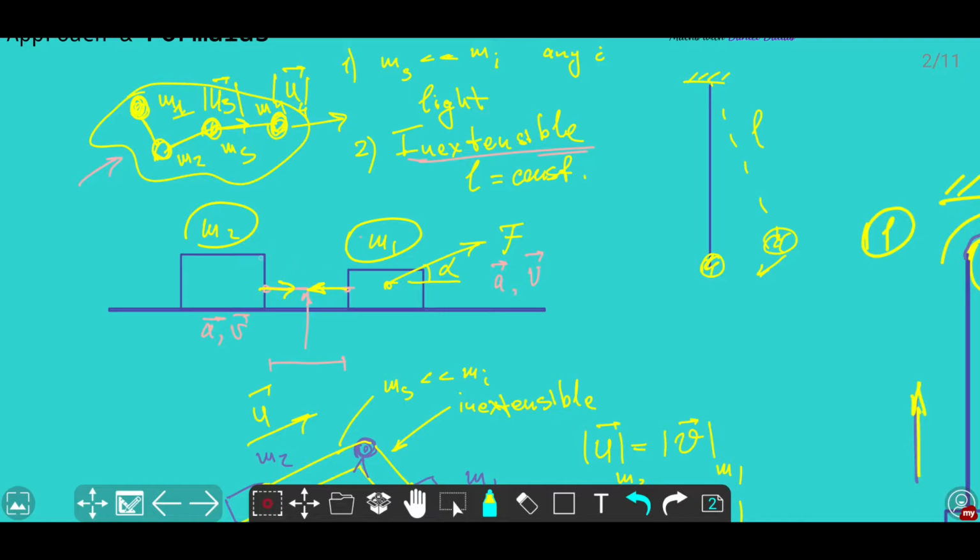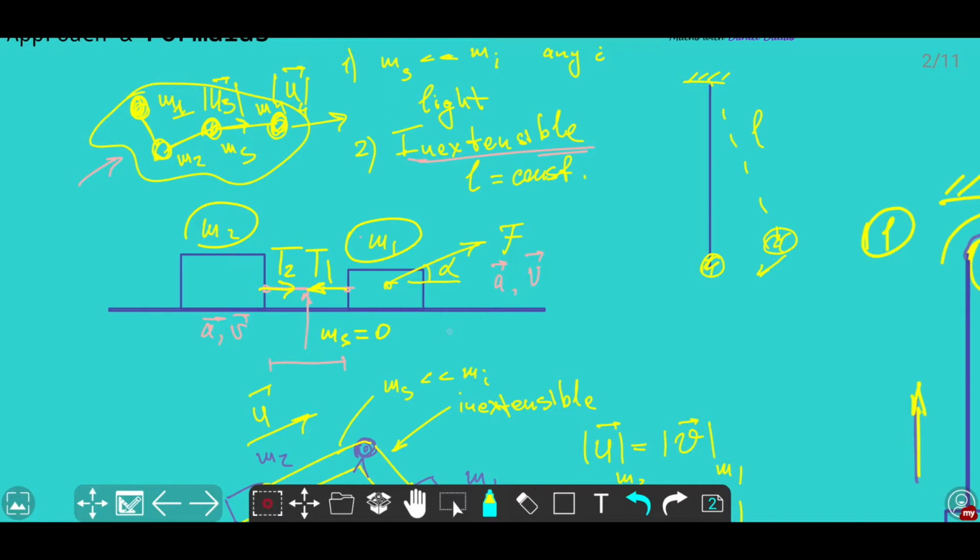So those tension forces acting on object 2 and object 1 will be the same in magnitude and opposite in direction. Actually, this outcome you can use only if the mass of the string connecting them, or the mass of the rod connecting those two bodies, is negligibly small. All right, only then. If you want, I'll prove why that is.